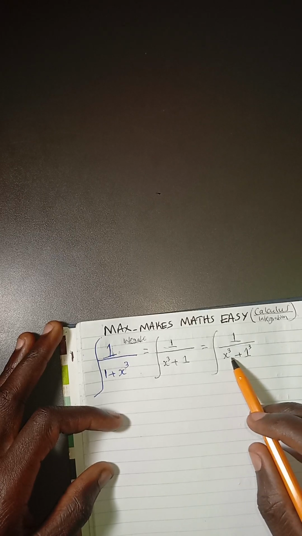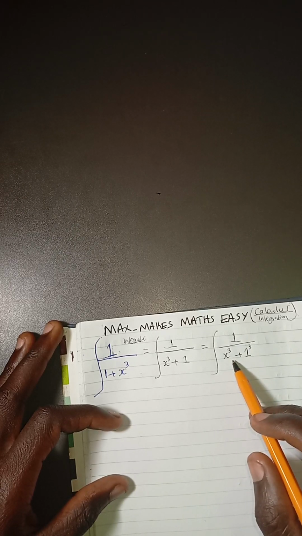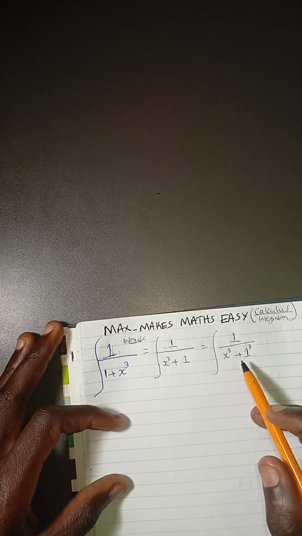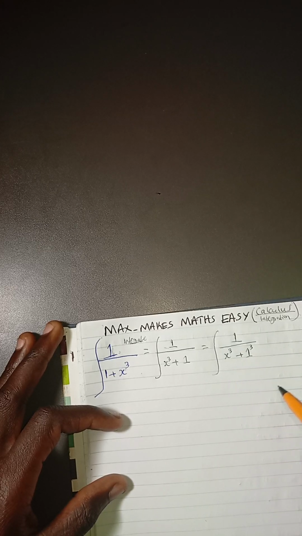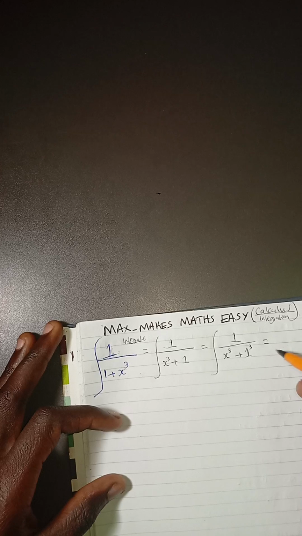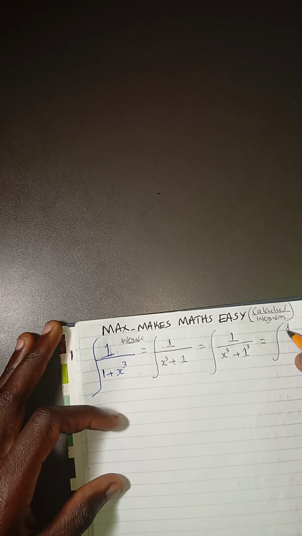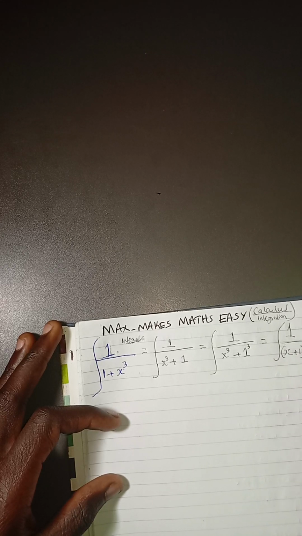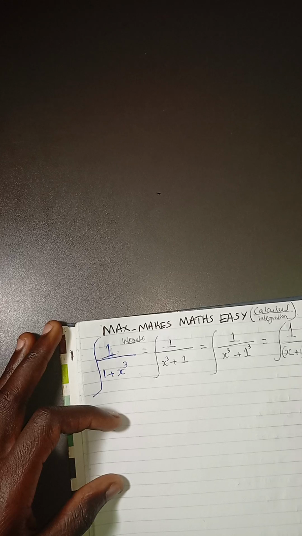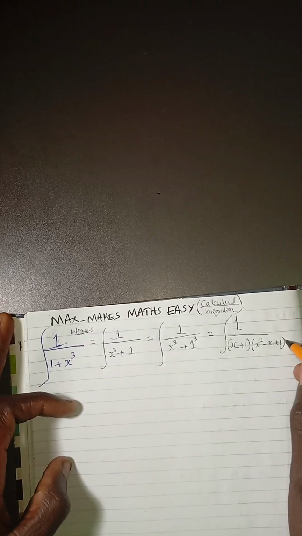And if it is an addition of cubes, this means that I have the integral of 1 all over x plus 1 into x squared minus x plus 1.